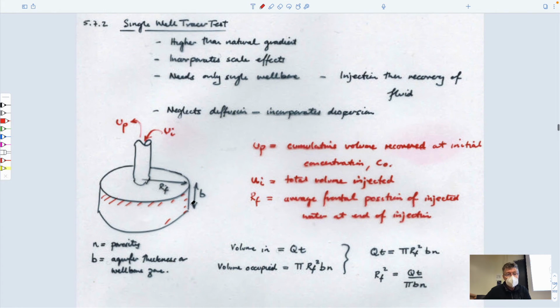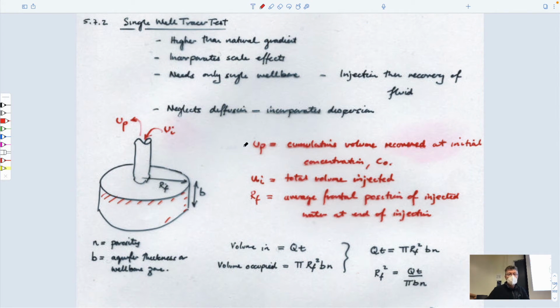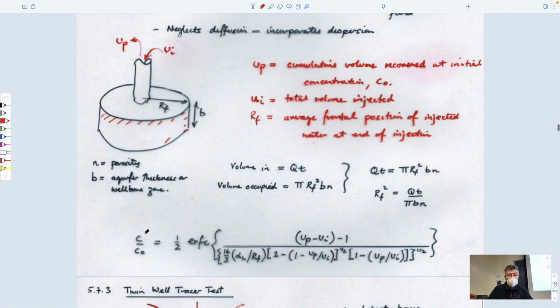So the other option is to do what's called a single well tracer test. Not very useful either, not very often done. And the whole idea is this. You have a borehole, you inject fluid in there with a tracer in it, and you look at the motion of that tracer relative to this central zone here.